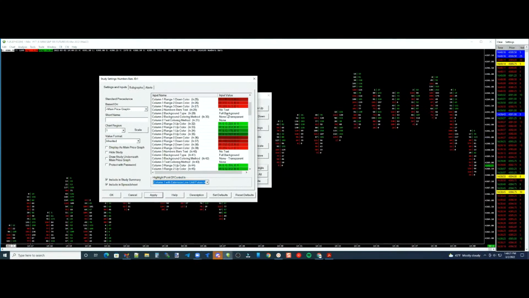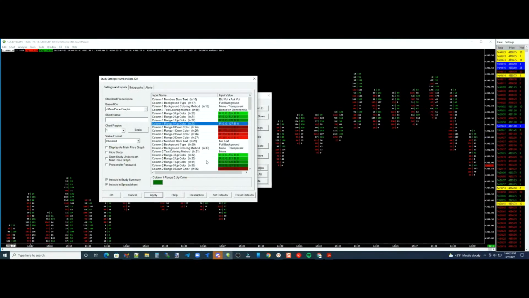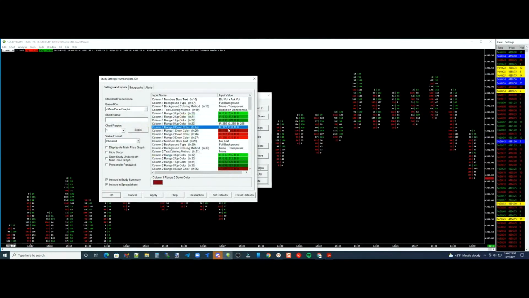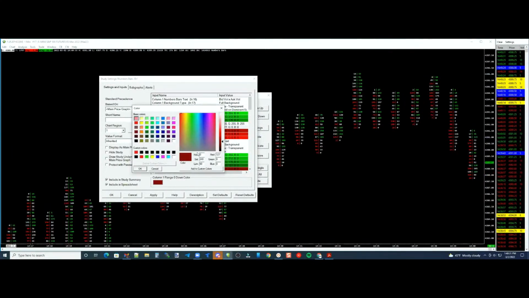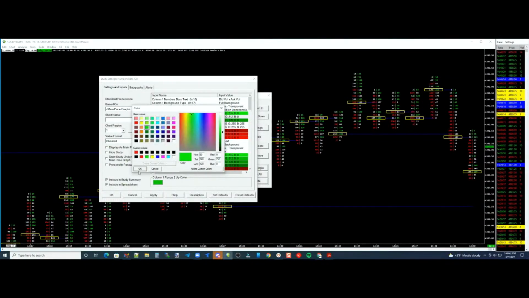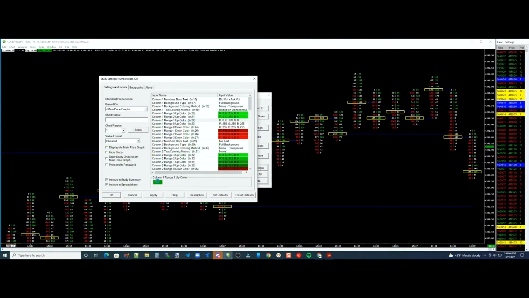Oh, and one other thing that we're going to do, listen, you want to set these middle settings on your color, the 0 range to white, okay? And then hit apply. Okay, so keep those white. You can set these to bright green, all of them on the bid.